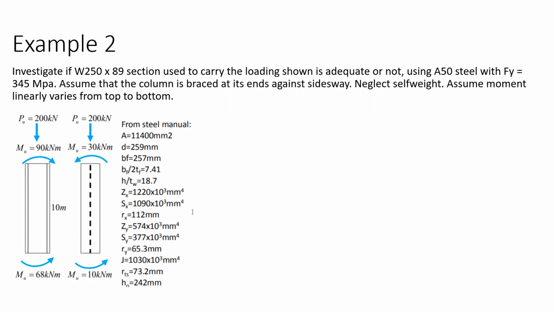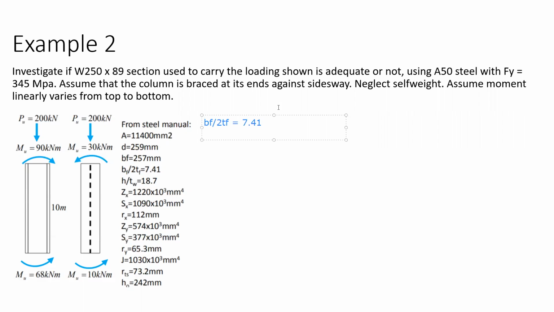So, let's write that. You have BF here is equal to 257 mm. And yung 2TF given, ay, binigay na nila pala. BF over 2TF given na siya here, so no need to solve. That is 7.41.